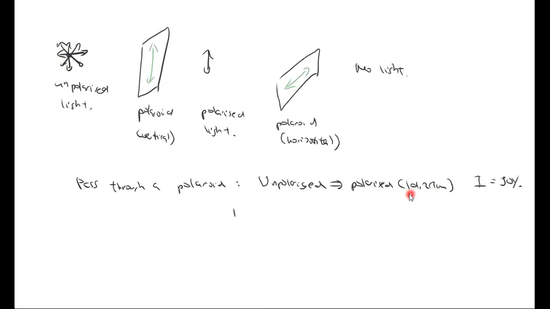So, if it's polarized, and then you pass through a second Polaroid, then quite clearly, if it's in the same direction, then there's no change. If it's perpendicular, then no transmittance, nothing gets through, ideally. And if it's at an angle, then you use Malus's law.